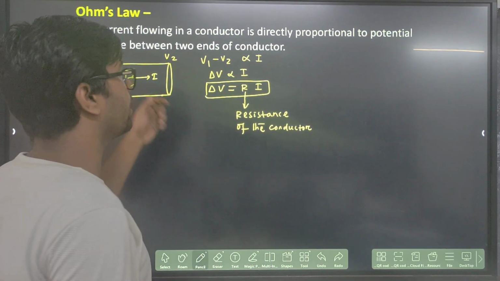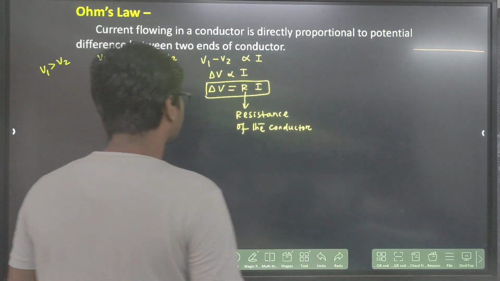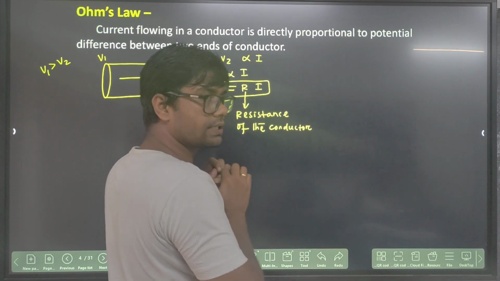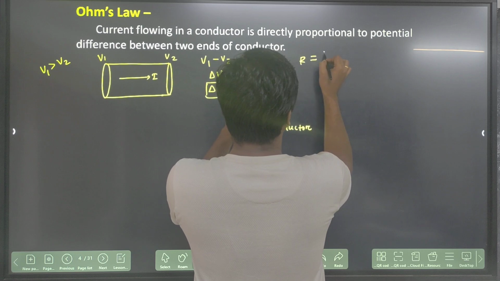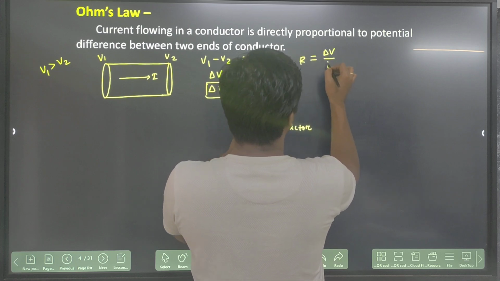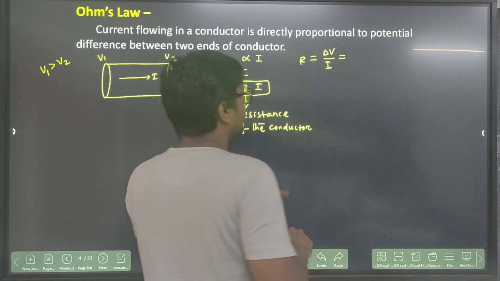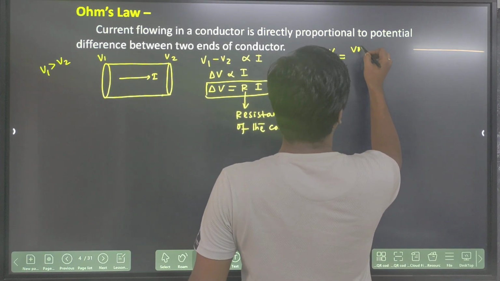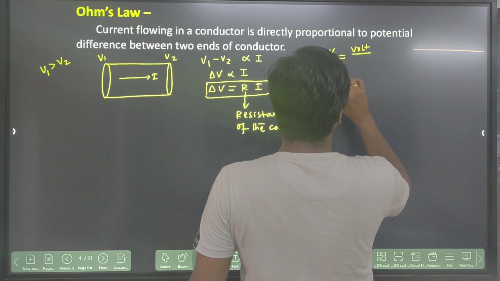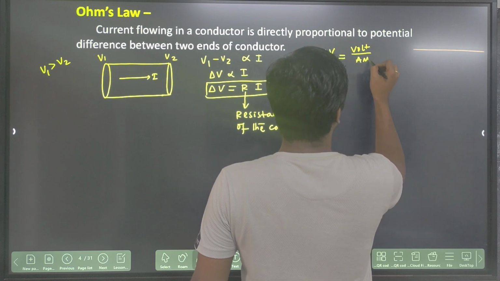Or resistance of the wire, whatever, right? So we'll talk about the resistance now. Resistance equal to, you can write delta V by I. Delta V is the unit of volt, so you can write this is volt per ampere.